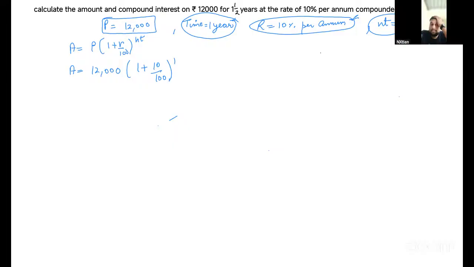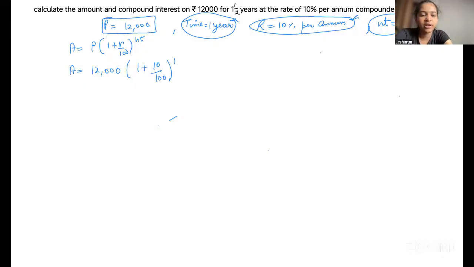So how will you calculate the 1.5 power? There's no easy way to do that. There is one way: you can do the cube, and then take the square root of that. 3 by 2 means you use the square root of the cube.